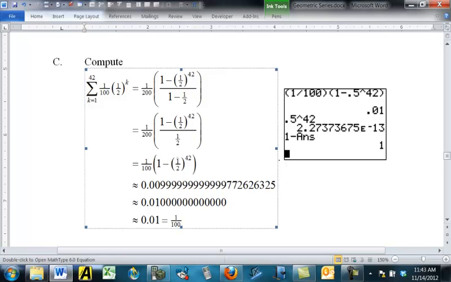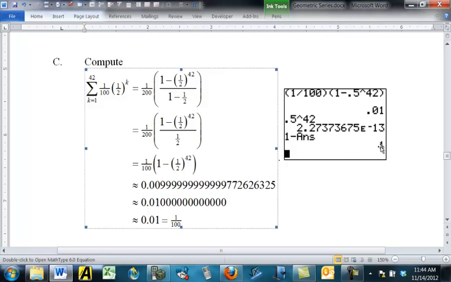So basically it's saying that this 1 half to the 42 is approximately 0. Notice I did it here, 0.5 to the 42 power, and I got 2.27, etc. That e negative 13, remember, is scientific notation for times 10 to the negative 13. So that's a point, 12 zeros, and a 2.